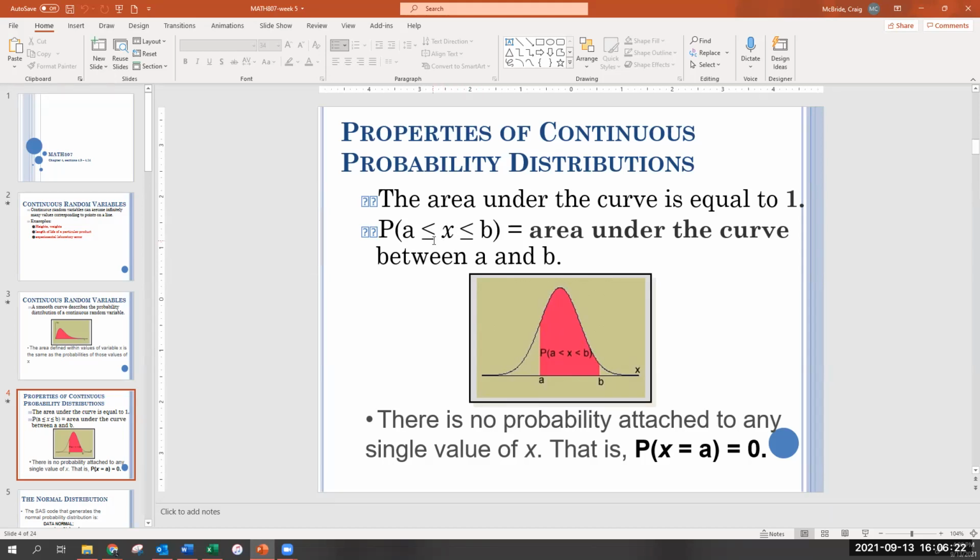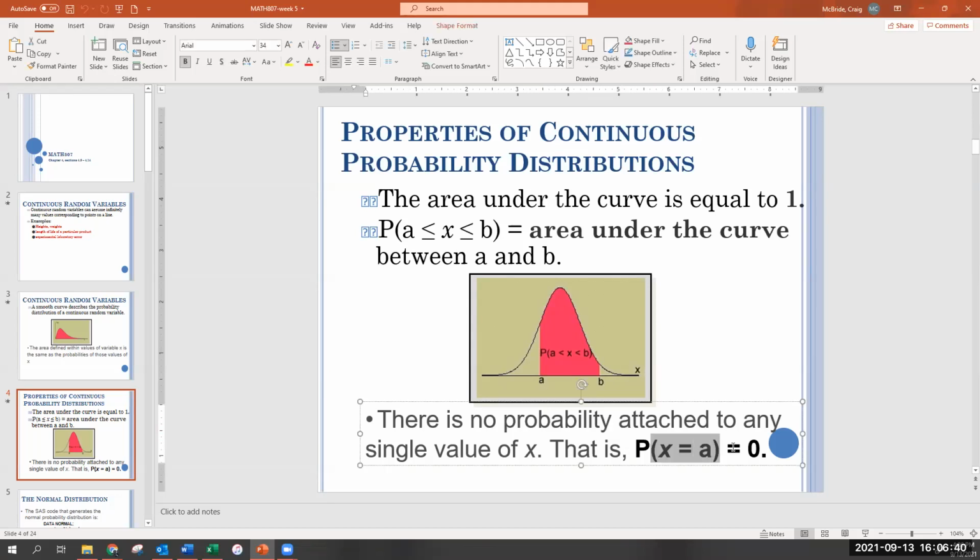And there's absolutely no difference between greater than or equal to versus strictly greater than. Because the only difference between X being, let's say, greater than or equal to 2 versus X being strictly greater than 2 is that strictly greater than 2 doesn't include the value of X equals 2, but as we just saw, the probability of X equals 2 is 0.